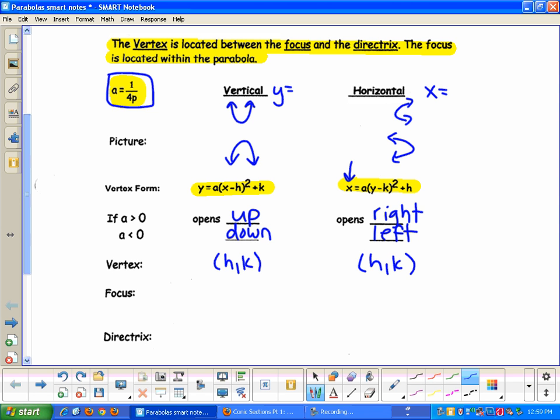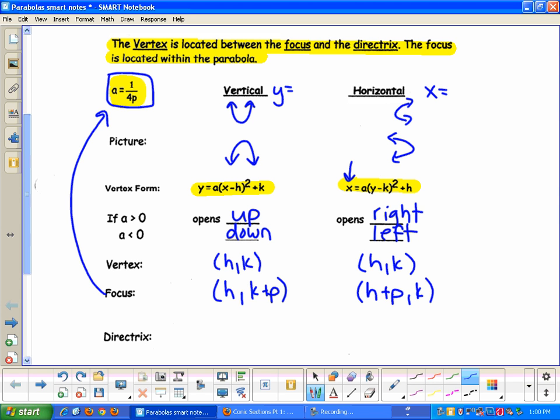And the focus is going to be this p-value that we're going to find using this equation right here. So the focus is going to be at h comma k plus p for parabolas that open up or down, and for parabolas that open left or right, you're going to change your x coordinate, so it's going to be h plus p comma k.